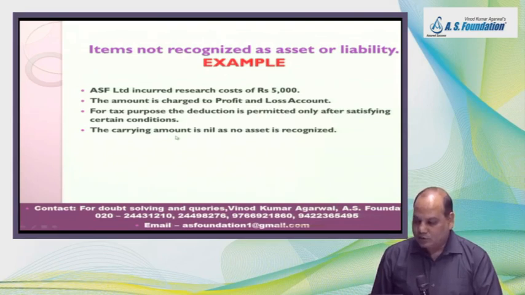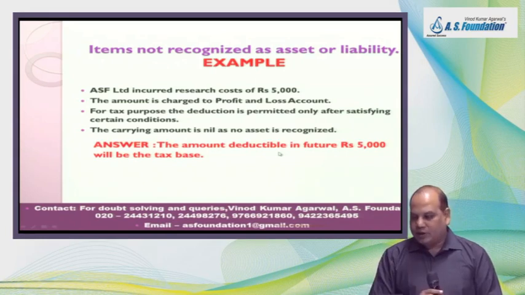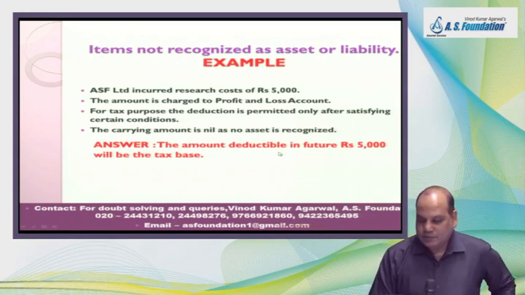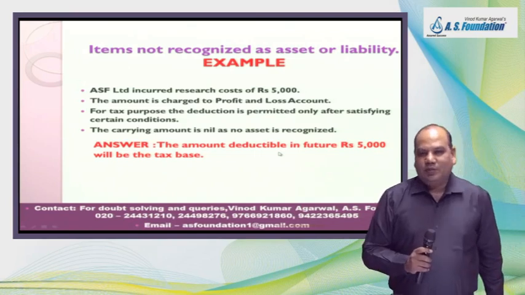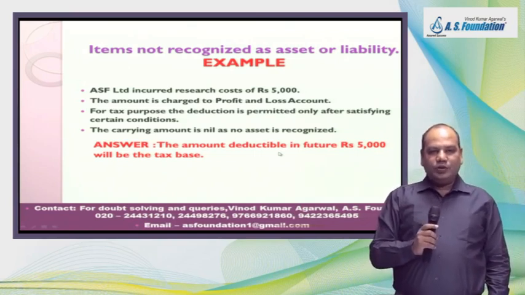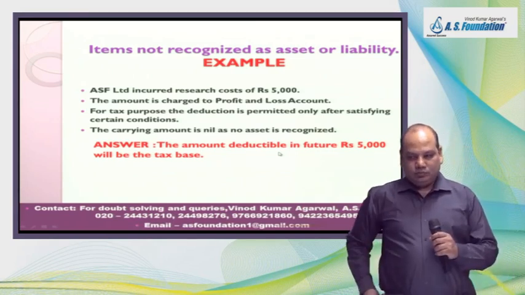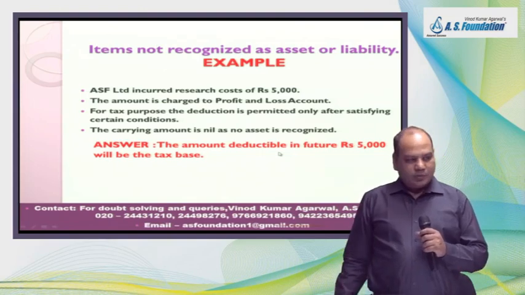Carrying amount is nil because the amount has been written off. So the tax base of the asset will be 5,000. Amount deductible in future is rupees 5,000. Therefore, rupees 5,000 will be the tax base.